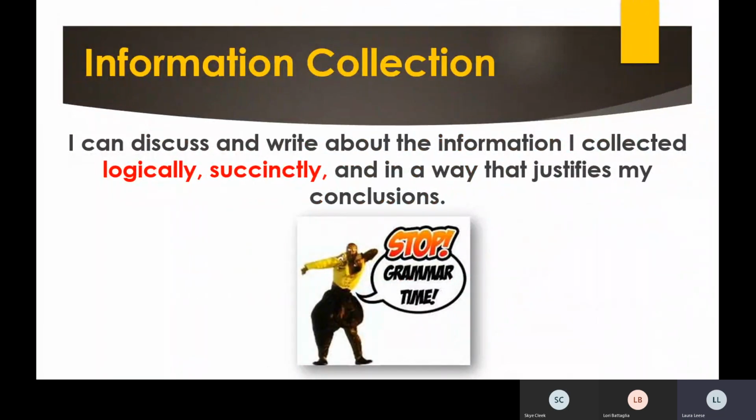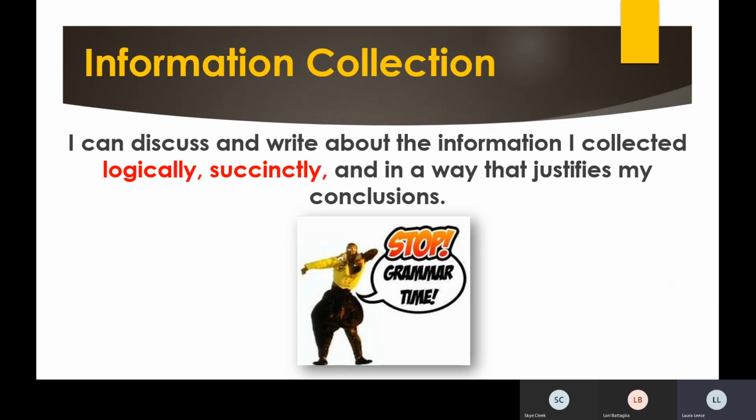Okay, so we've gone out there, we've gotten the information from our families, we understand the purpose, we know why, and we are reconciling and validating the information that's coming in. But the other component, just as critical as the previous slides, is that the information is logically and succinctly collected and written in a way that justifies the conclusions.